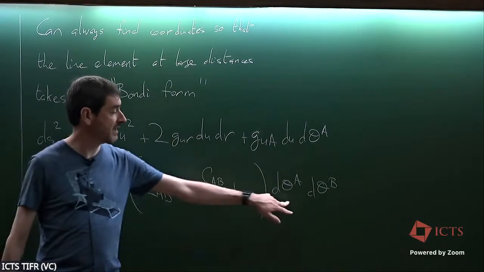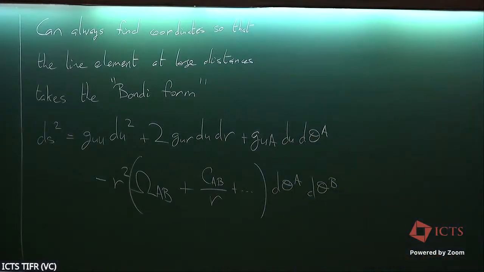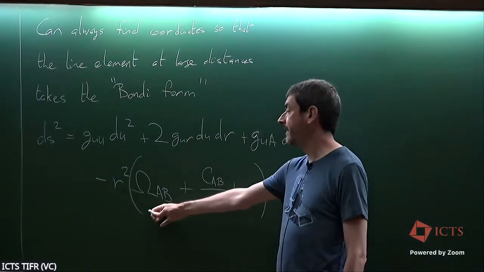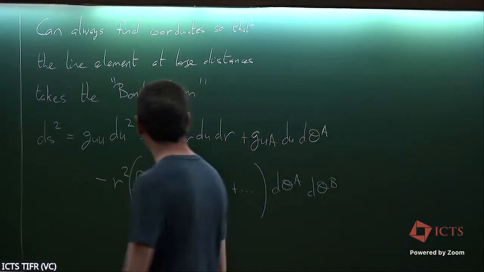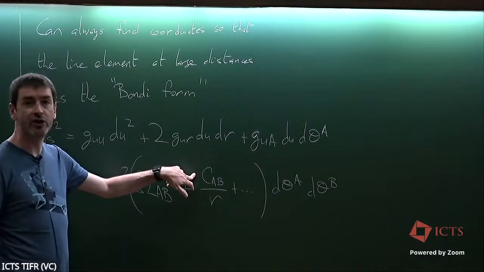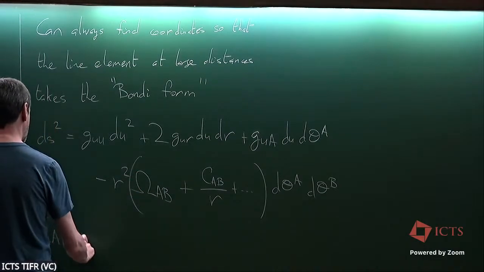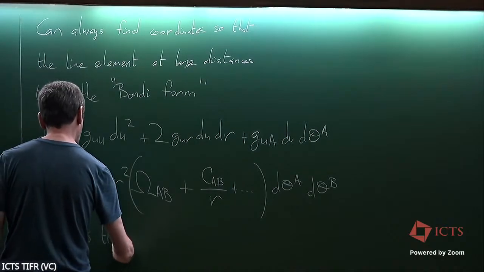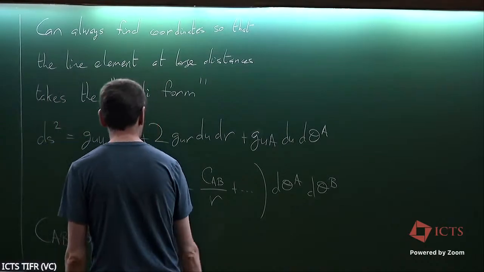So omega AB d theta A d theta B will be d theta squared plus sine squared theta d phi squared. C AB here is the first correction to this round sphere metric. It has a name. People call this C AB the shear, maybe the Bondi shear. So it's traceless.